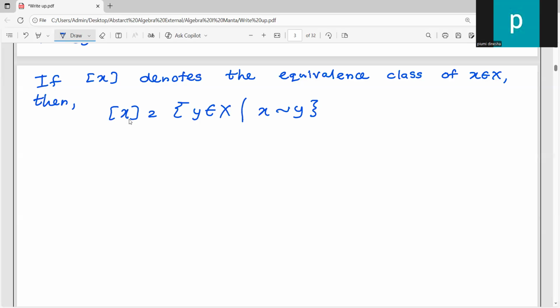So remember that this x is simply a representative in this set. If you elaborate this definition, we've got y in X such that under this tilde, x is equivalent to y when there is some g in the group such that g x is equal to y.